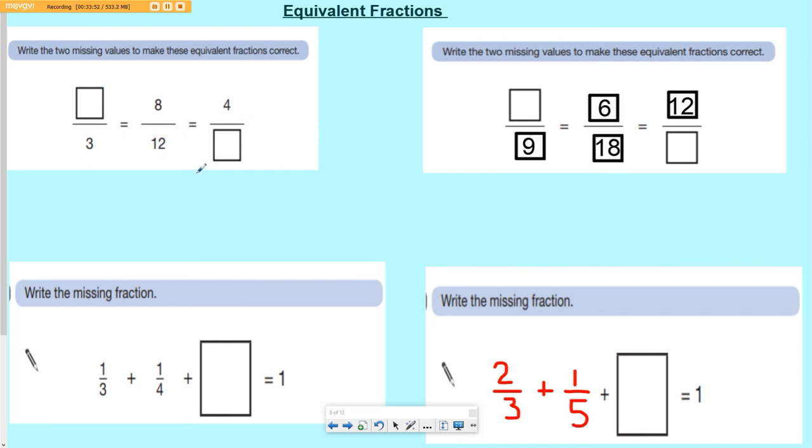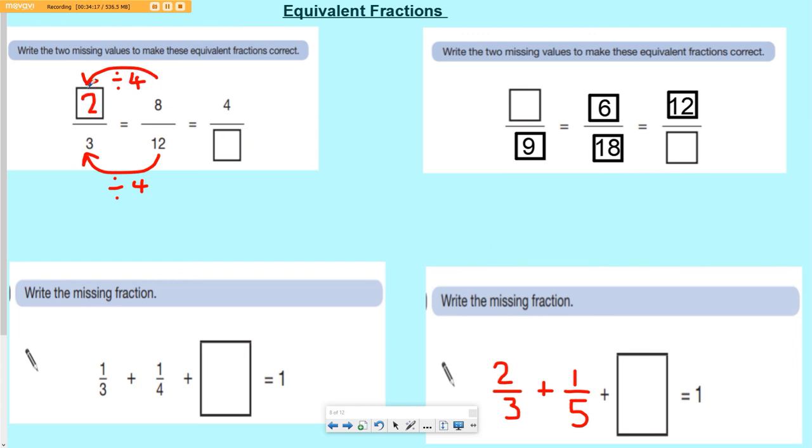This is an equivalent fraction. So to go from here to here, what am I doing? I'm dividing by 4, so 4 into 12 is 3. So I'm going to do exactly the same thing to get there, so I'm also going to divide here by 4. So 8 divided by 4 is 2.